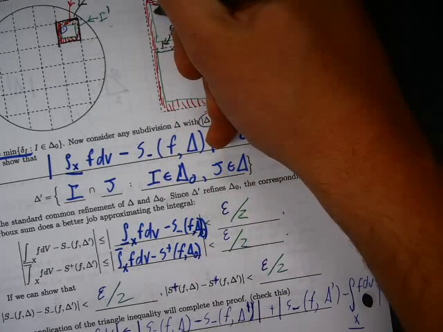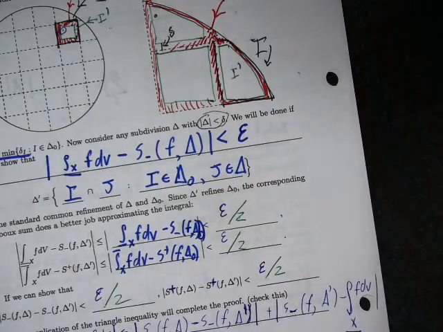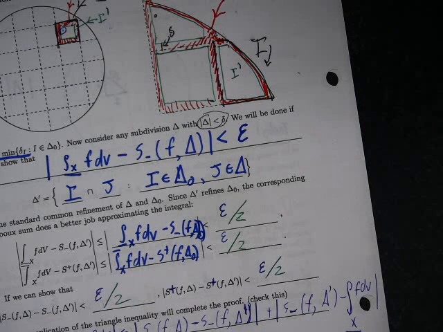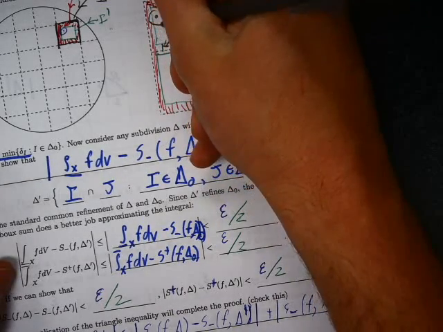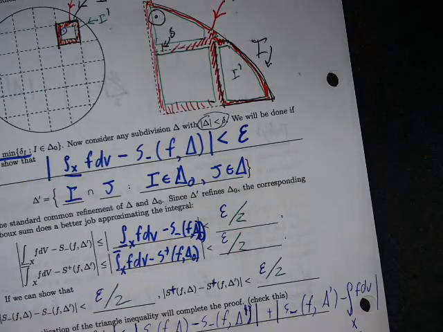So let's suppose that one of those j's contained a point in that green ball. Well, that means that this point, the whole ball of radius delta centered at that point, is totally contained in that corresponding black set.